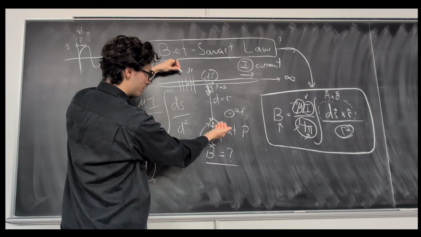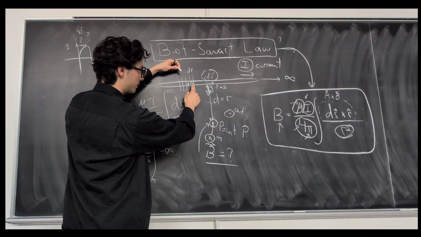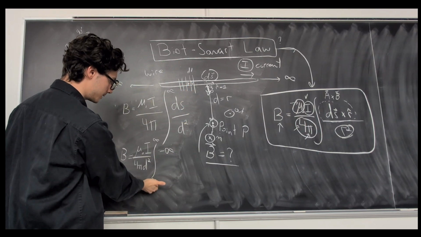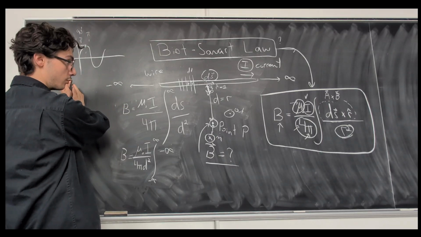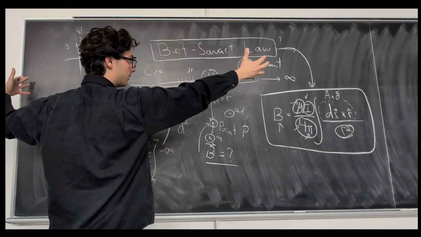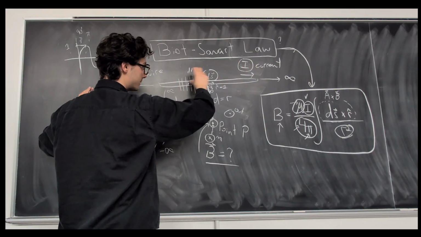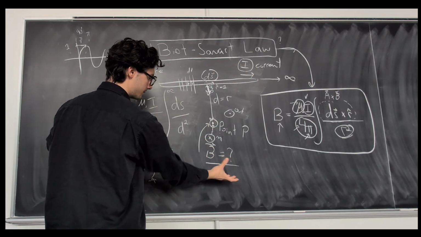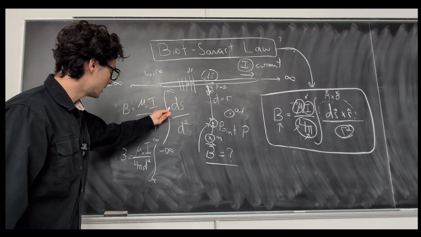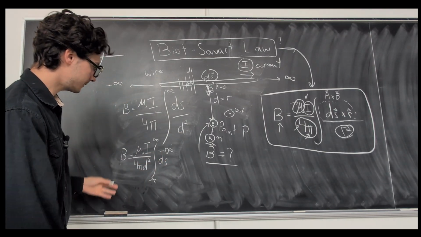I calculate the contribution of the magnetic field from this singular segment. I add this, I add this, I add this. So that's why the bounds here are from negative infinity, which is where the wire starts, to positive infinity, which is where the wire ends. So you're adding up all of those contributions of the current at this point, and you're calculating the magnitude of the field. But we saw that d is a constant, we can pull it out, so that just leaves ds.